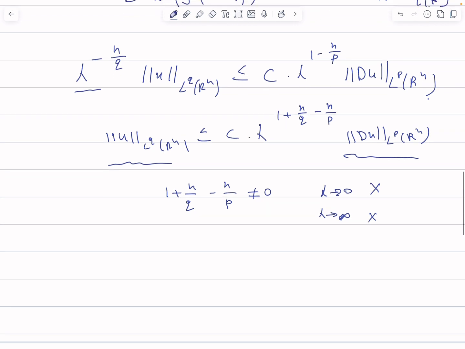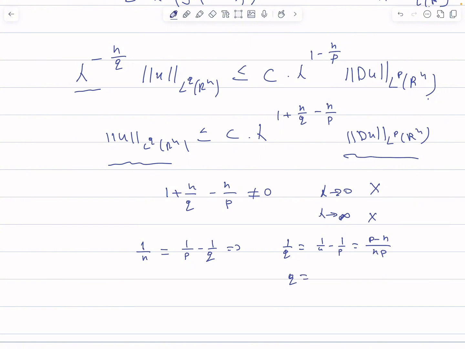Therefore, the only case it works is when 1/n equals 1/p minus 1/q. Or in other words, 1/q equals 1/p minus 1/n, which is (n - p) divided by np.